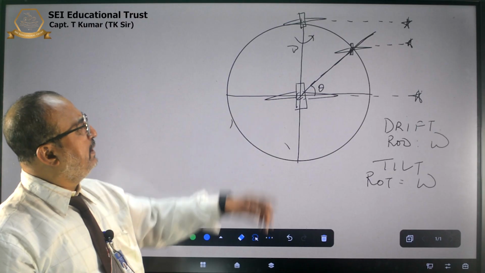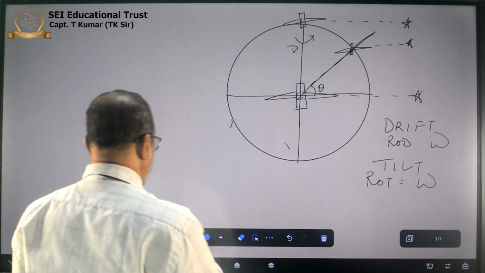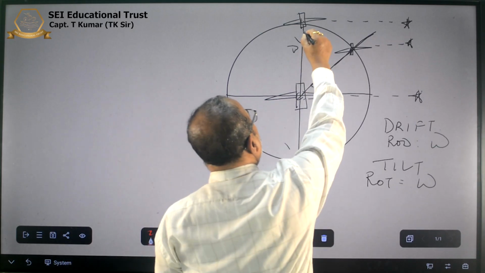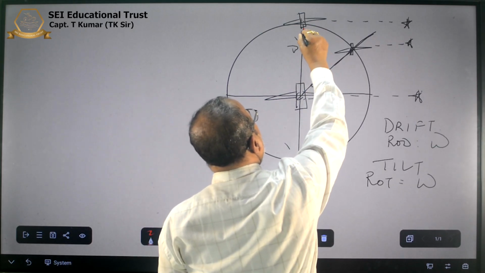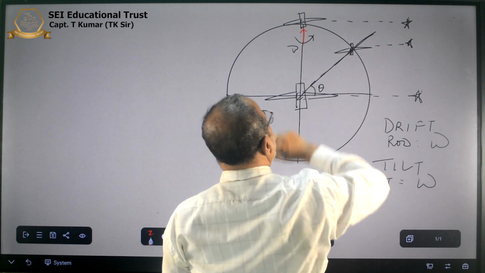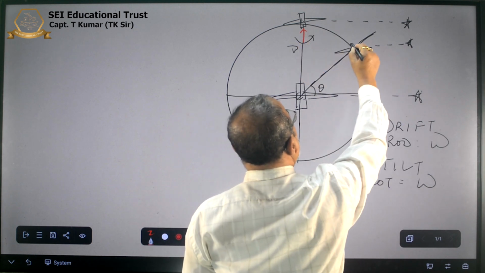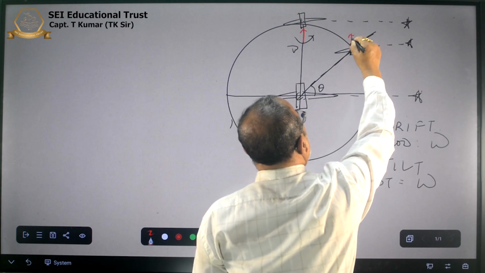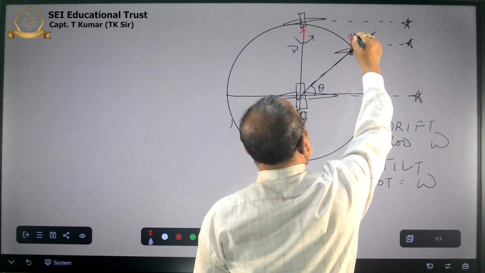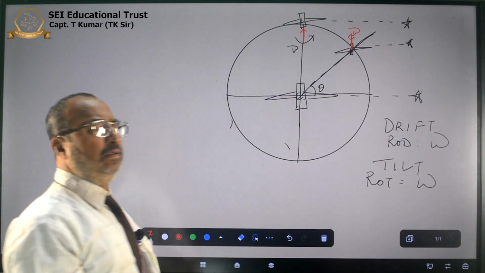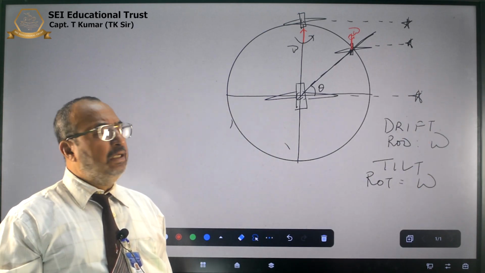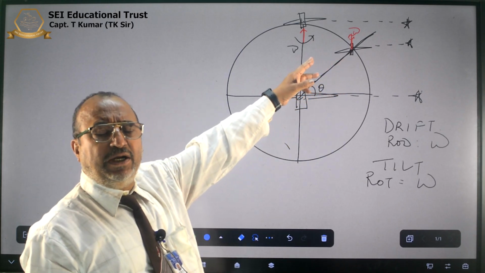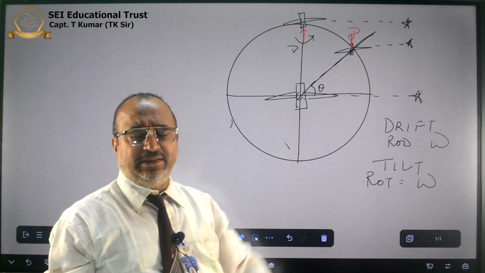Now what you see here is this vector, say omega. This is the vector which is omega. The same omega, if we shift it over here, that is the omega, isn't it? Now this omega vector will be split into two components.